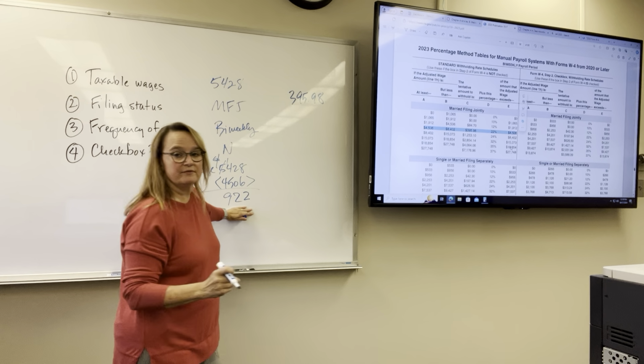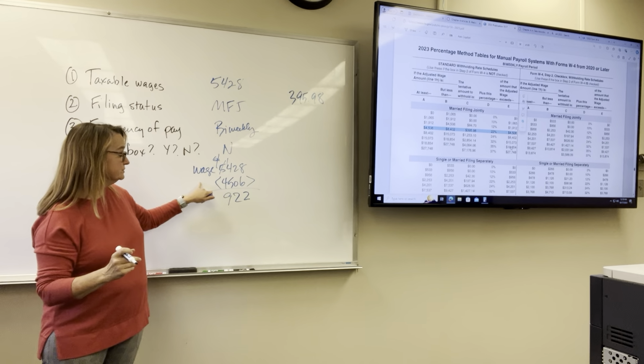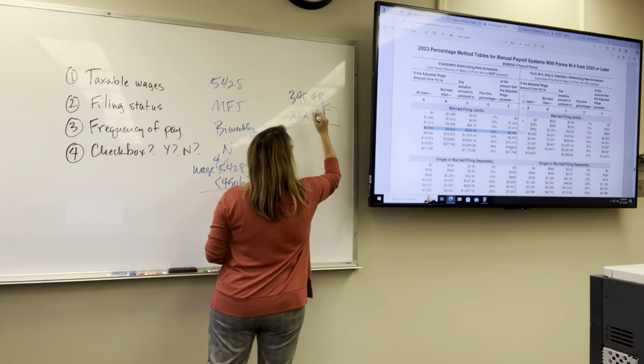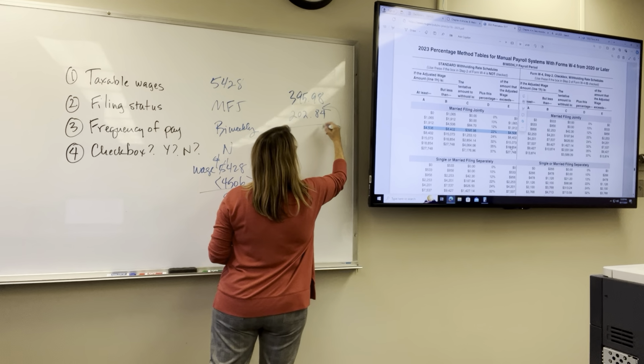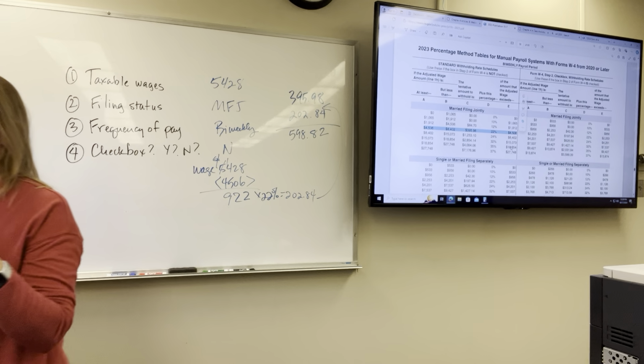So that's the amount of the wage that exceeds that threshold. Multiply it by this percentage, times 22%, 2.0284. We're going to add that to this. Okay? That's $398.00. That's our withholding.